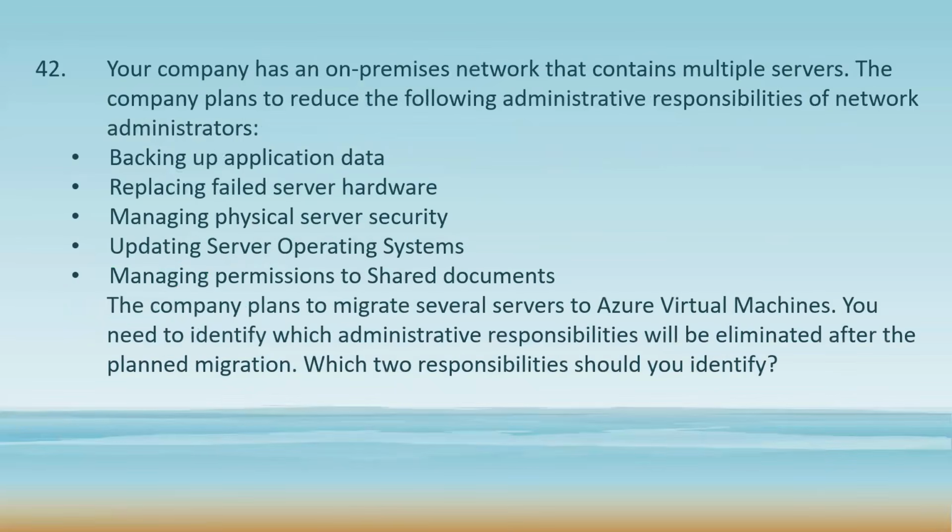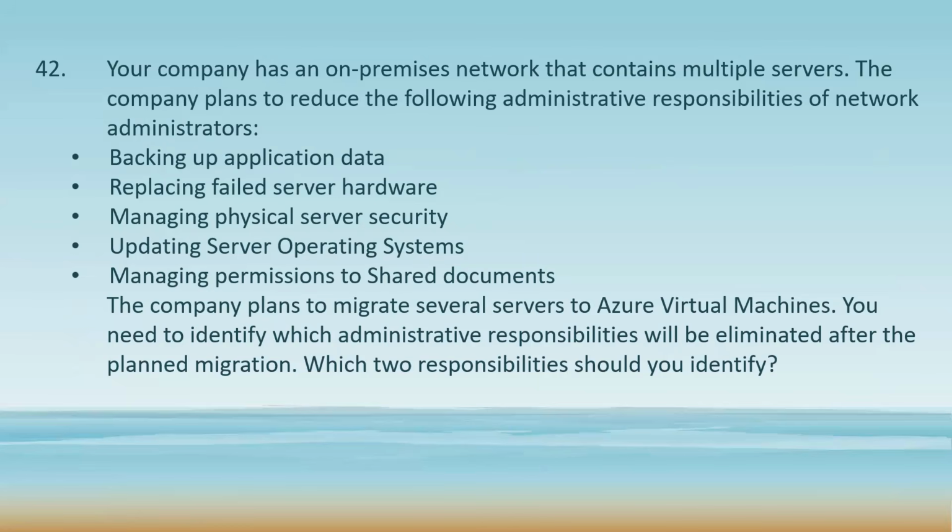Question number 42. Your company has an on-premise network that contains multiple servers. The company plans to reduce the following administrative responsibilities of network administrators. The responsibilities are backing up application data, replacing failed server hardware, managing physical server security, updating server operating systems, managing permissions to shared documents.